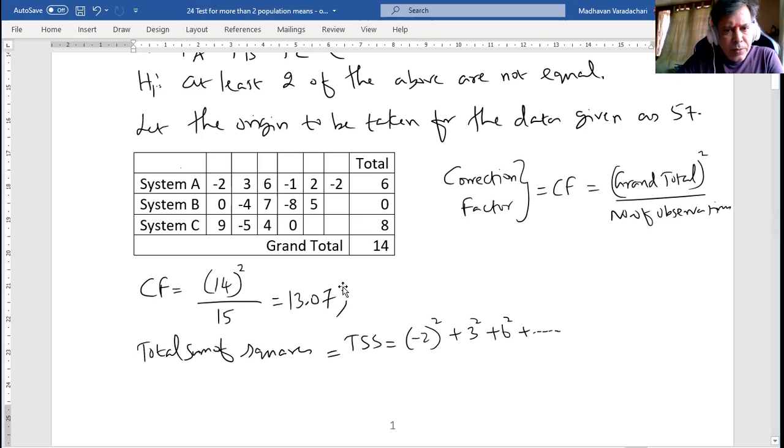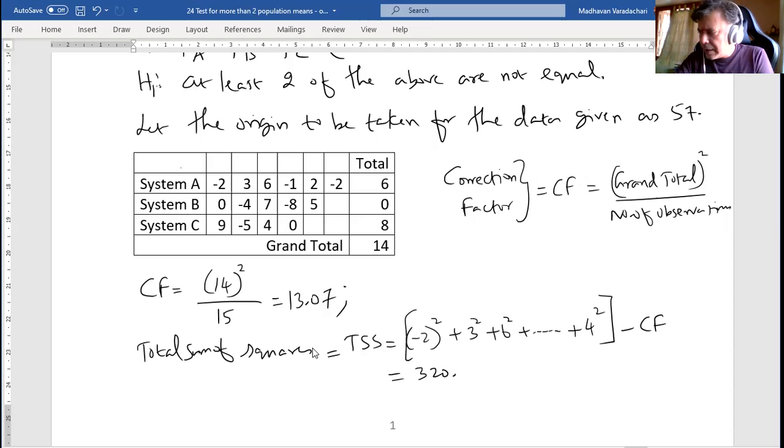The last value is 0. I can ignore it because if I square it, it will be the same. I will keep only up to 4, 4 the square. This whole thing minus the correction factor. So if we evaluate this value, we get 320.933. That is total sum of squares.